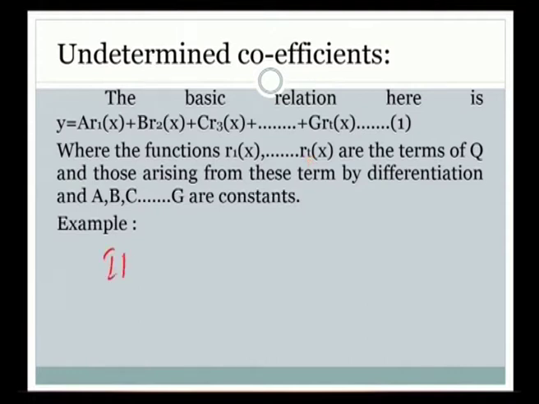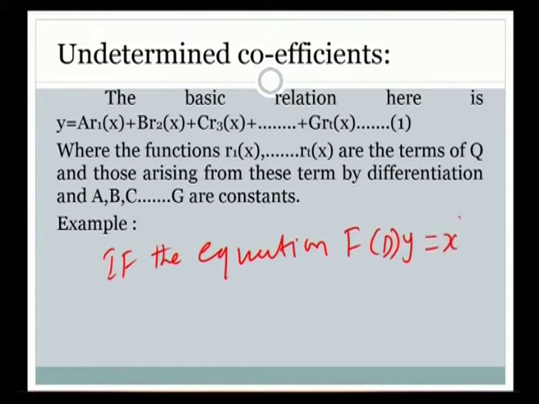If the equation is f(D)y = x³, then we take y = ax³ + bx² + cx + d. So, if the given equation is f(D)y = x³, then the basic relation here is ax³ + bx² + cx + d.